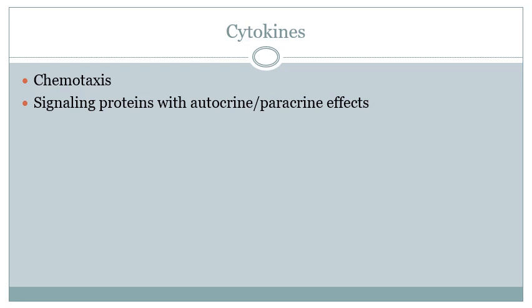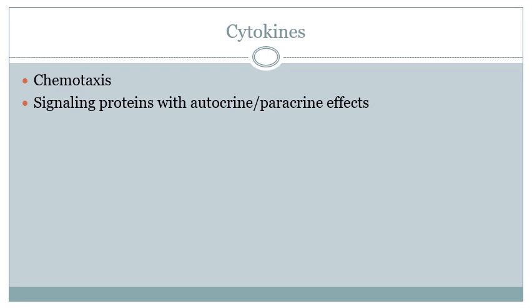In autocrine effects, the cell releases a hormone, and then the hormone affects that same cell. A paracrine effect is when the hormone gets released from a cell and goes to a receptor on another cell.